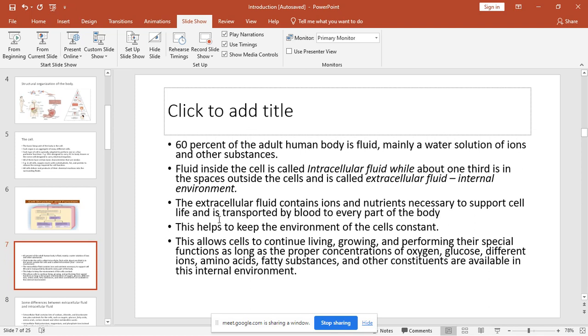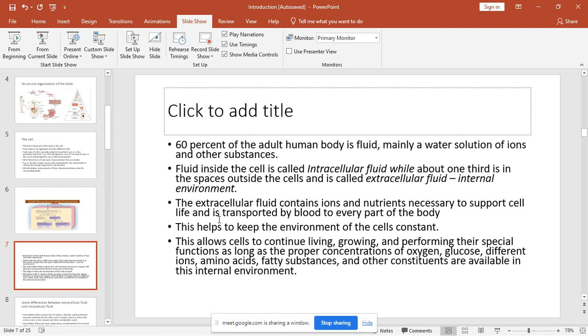This fluid is divided into intracellular and extracellular fluid. The intracellular fluid makes up two-thirds of this 60%, while the extracellular fluid makes up one-third.